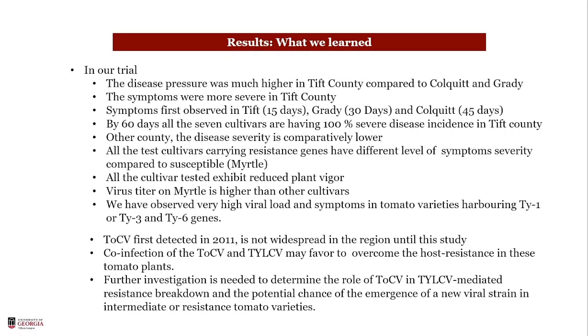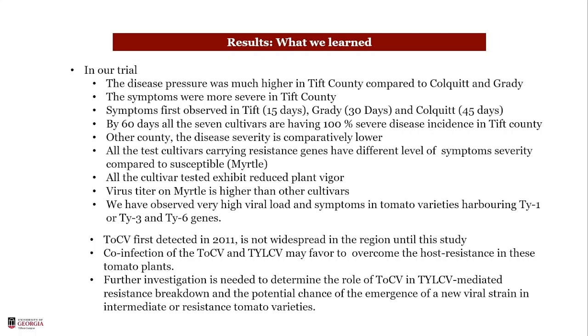When we checked the susceptible check, we also got symptoms, and the virus titer is much higher there. Whether it has Ty-1 or Ty-3 plus Ty-6, it doesn't make any difference at this point. So all the intermediate resistance cultivars are still showing a high level of disease incidence.